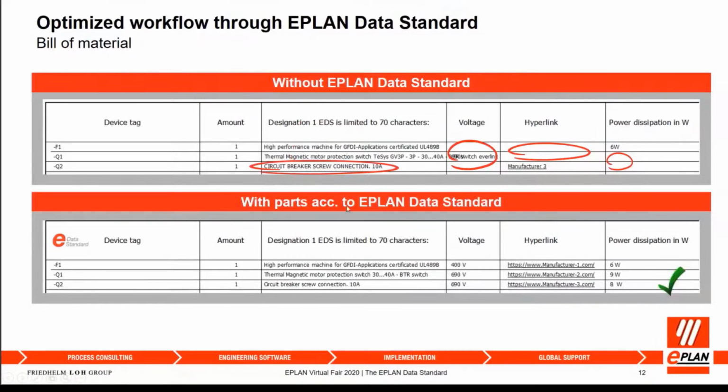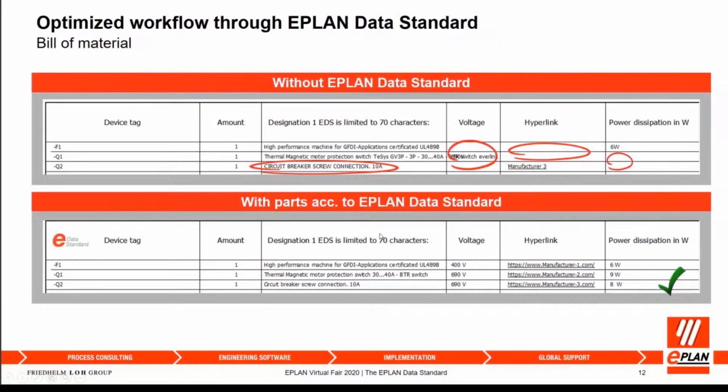And there again, with the EPLAN data standard, this will not happen anymore. So we have a unified way of providing this data, and the customer does not need to change all the data sets on his own, but he can download the data, and then the bill of material directly looks better, has a better shape, and a more professional style.